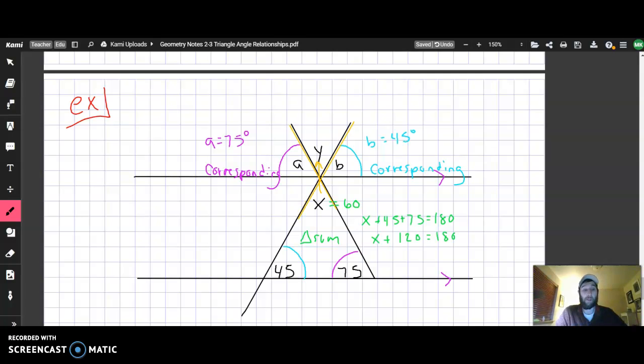And because they're opposite angles, we know they're vertical. So because y is a vertical angle, we know that it's congruent to x. So our value of y is equal to 60 degrees as well. And so that is the problem solved for all four angles.